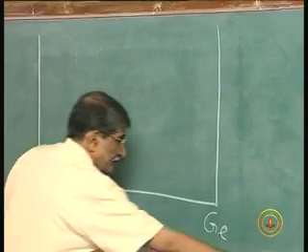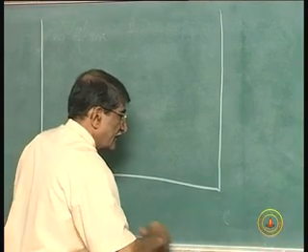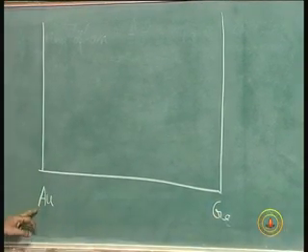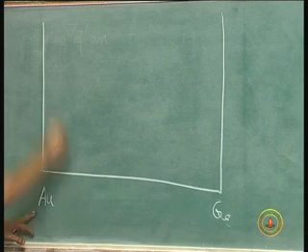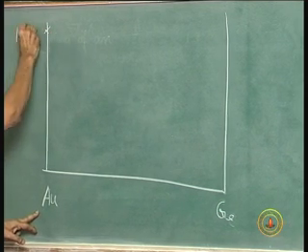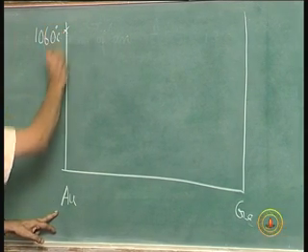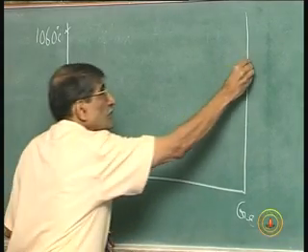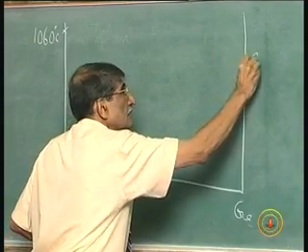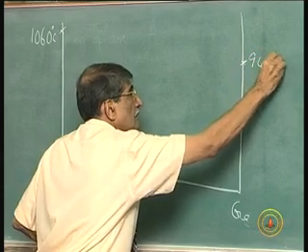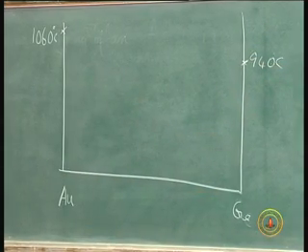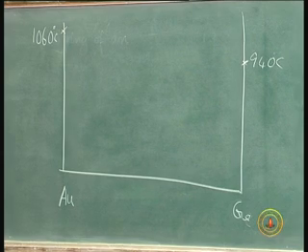Okay. So if you take 100% gold, that has a melting point of 1060 degrees centigrade, and germanium has a melting point of about 940, around 936 or so, degrees centigrade. Okay. That is the melting point.